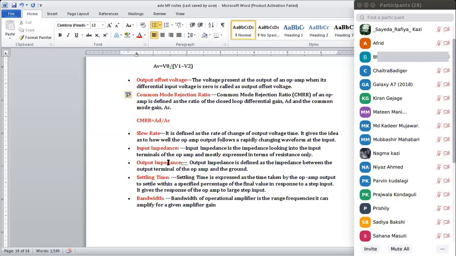The output terminal, pin number 6, is treated as the output terminal and is connected between ground and the output. There the output impedance is present.